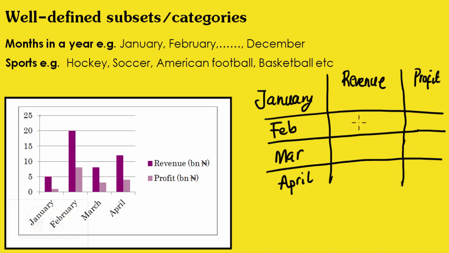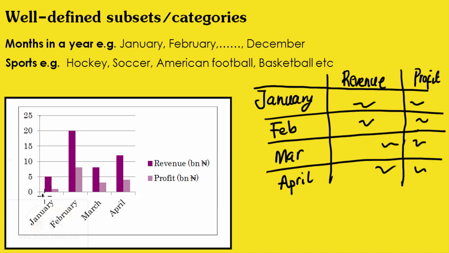Now, say this information was given, so the numbers were given. These numbers could be used to plot this bar chart. So what we're going to do now is use this bar chart to determine the numbers. So the first thing to note is this vertical axis represents either the revenue or profit for the company, and the horizontal axis represents months of the year.